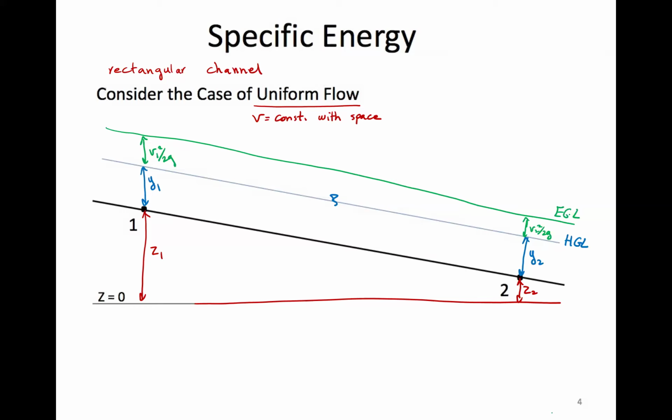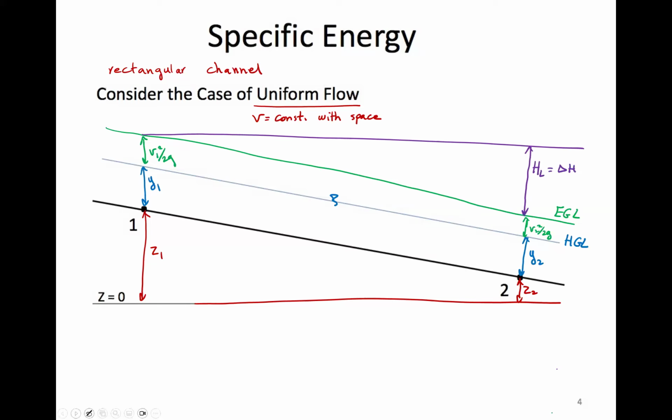Let me fix this. Okay, as we showed before, let's say we have a drop in our total energy line, or the slope of the energy line being HL, or delta H, doesn't matter, right?